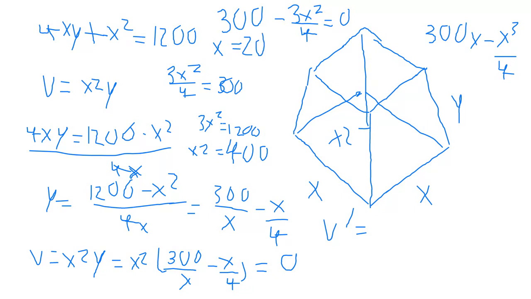I mean 20, yeah, sorry. From here, all we would do is evaluate V of 20. We would evaluate our original volume, V equals 300x minus x cubed over 4.